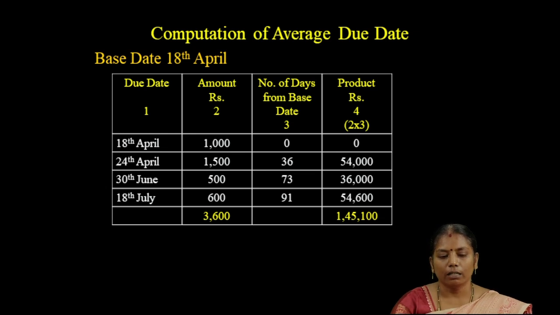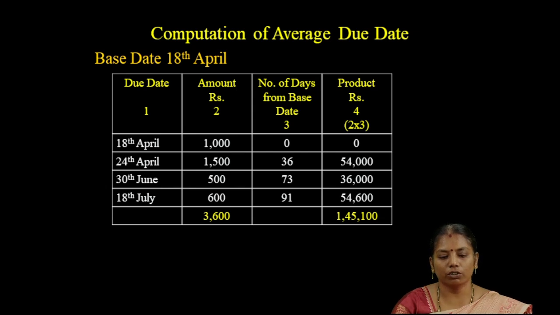Second, the base date is 18th April. From 18th April to 24th April, we calculate the number of days, which is 36 days. The amount is 1500; if we multiply by 36, the product is 54,000.